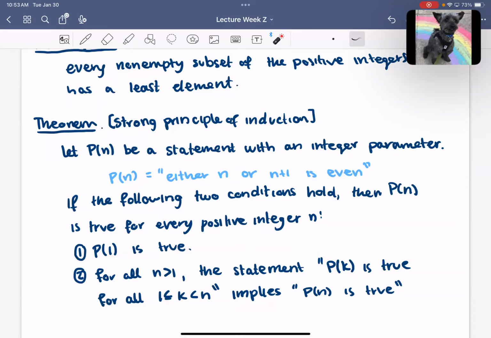Okay, so maybe I'll just comment now, this is the end of the theorem statement. How do we use this as a blueprint for proving things? So if you had a statement about the positive integers that you wanted to show was true for all n, then by the theorem, it suffices to prove that P of 1 is true, and that's usually called the base case.